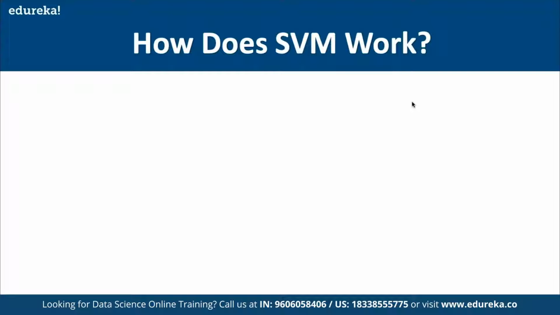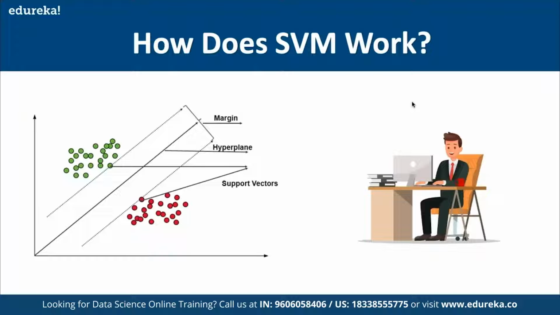And how does SVM work? The main objective of a support vector machine is to segregate the given data in the best possible way. When the segregation is done, the distance between the nearest points is known as the margin. The approach is to select a hyperplane with the maximum possible margin between the support vectors, as we can see here.